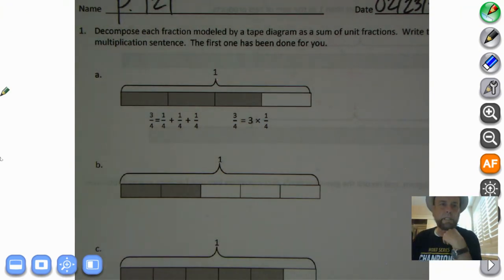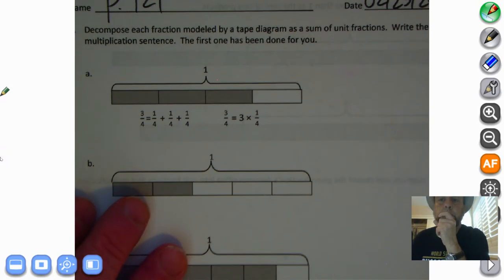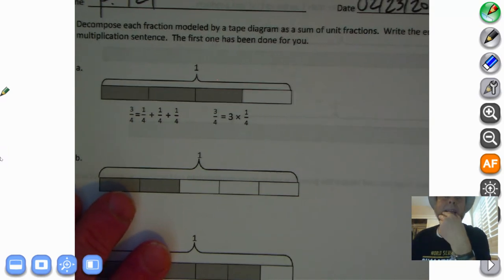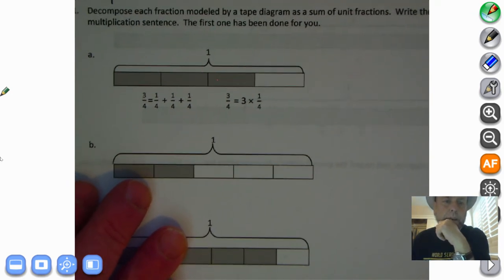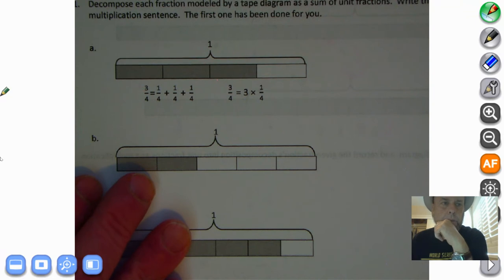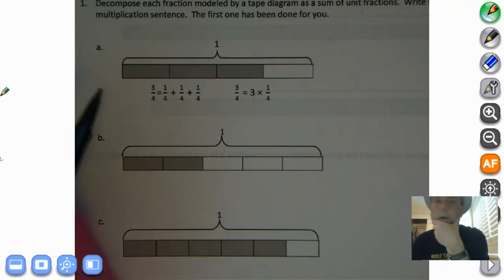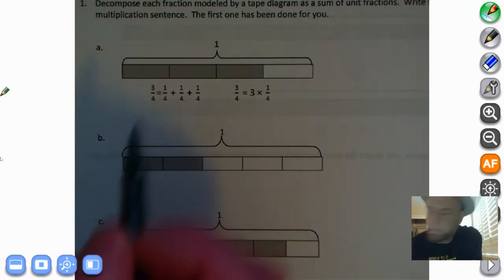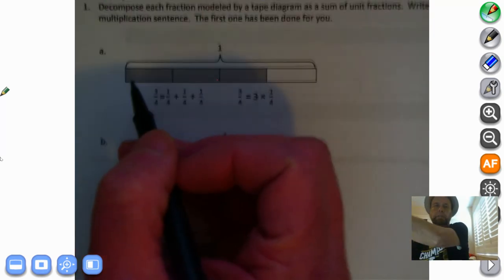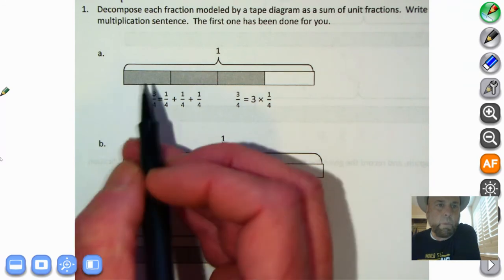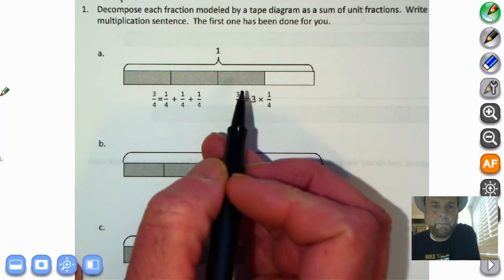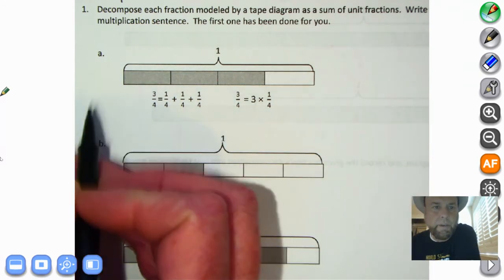Decompose, break apart each fraction modeled by a tape diagram as a sum of unit fractions. Write the multiplication sentence below. So when we look at number A here, this means one whole, right? So let's see how many parts we have. We have 1, 2, 3 out of 4 parts out of the whole.